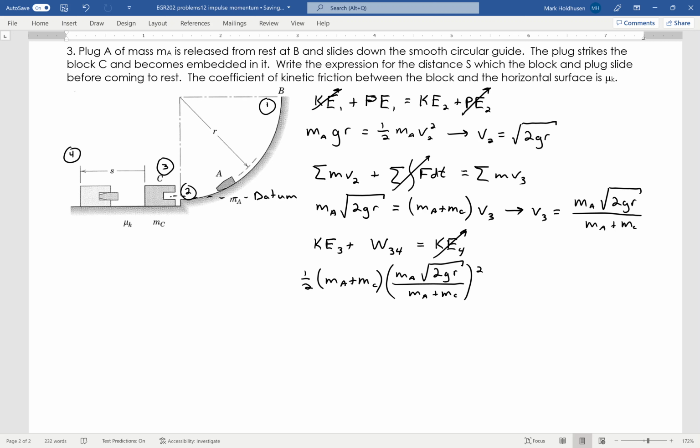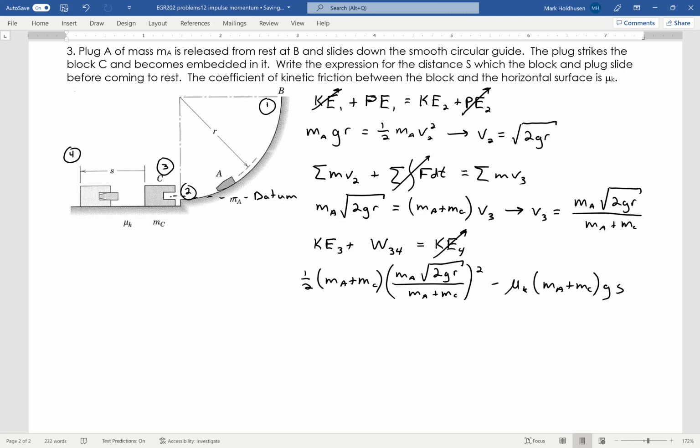Now, the only work being done here is friction, right? In the direction of motion, I've got gravity and normal force, but friction's the only thing that does work. Friction's always negative work because it always opposes motion, and that's going to be mu k times the weight, which will be mA plus mC times g, times that distance s that it travels.